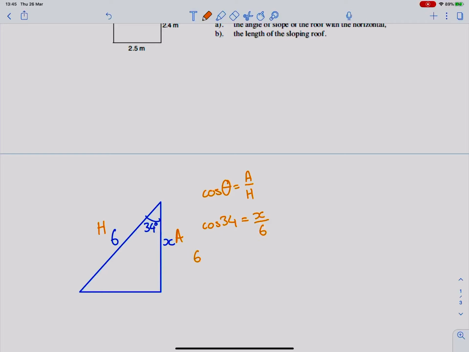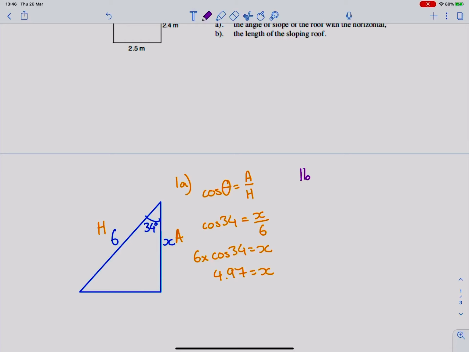Times by the 6 on the other side, so 6 times cos 34 equals x. Type that into the calculator and get an answer of 4.97. So that's the height up the wall that it reaches. So that's for 1A.